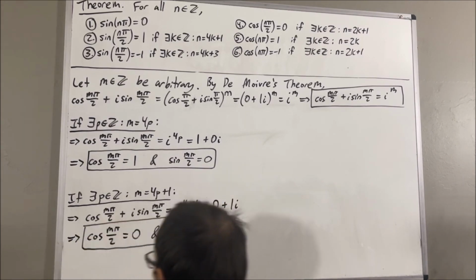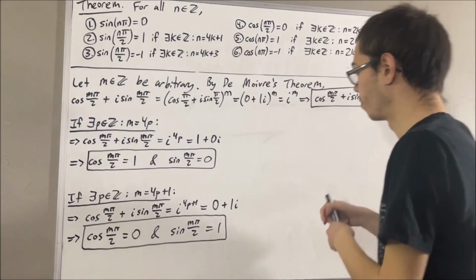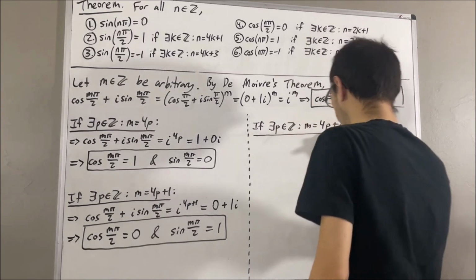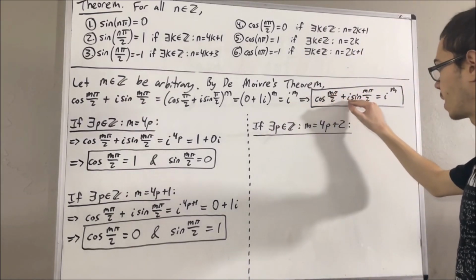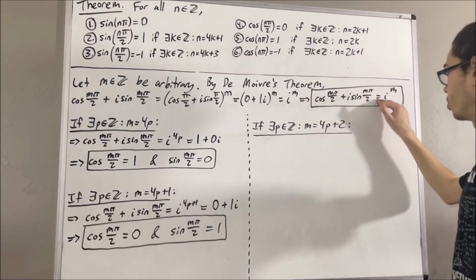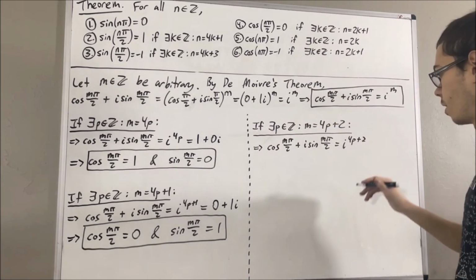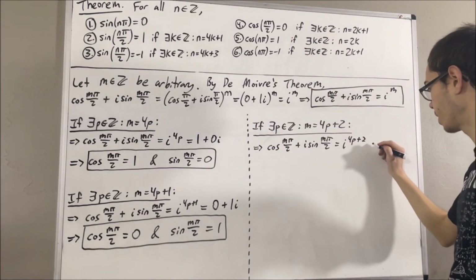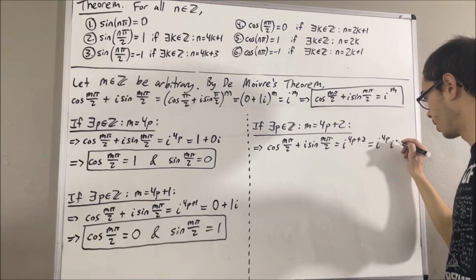So now, let's move on to the case where m is of the form 4p plus 2. Now if this happens, then we can write cosine of m pi over 2 plus i sine of m pi over 2 is equal to i to the power of 4p plus 2. And now, by properties of exponents, this is just going to be i to the power of 4p times i squared.